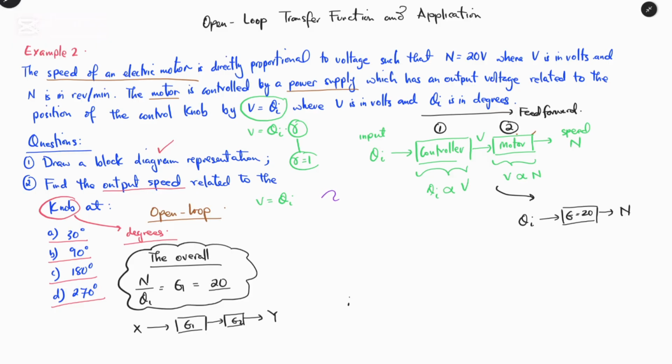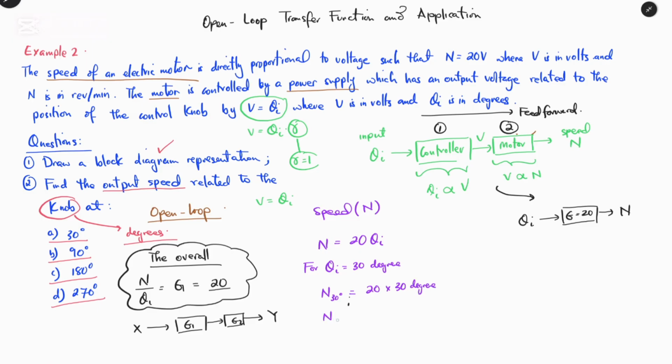And the question is to find the speed. And speed is given with the variable n. So we simply say n is equal to 20 theta I. And for theta I equal to 30 degree, we now have the speed n at 30 degree is equivalent to 20 times 30 degree.